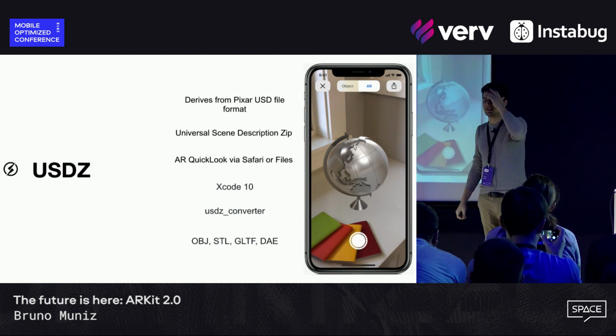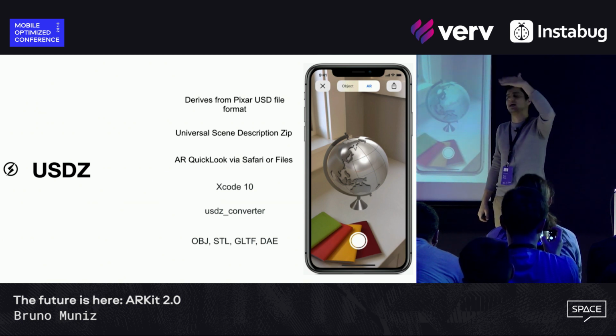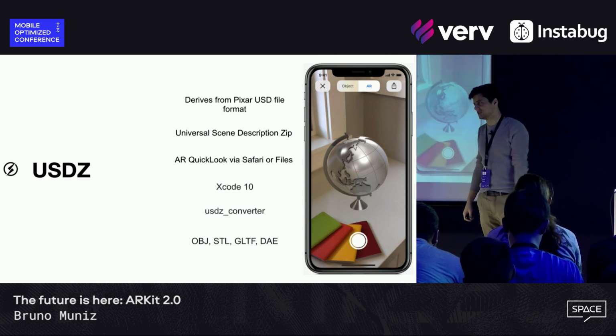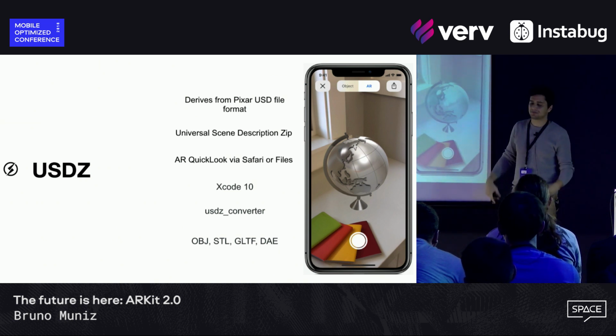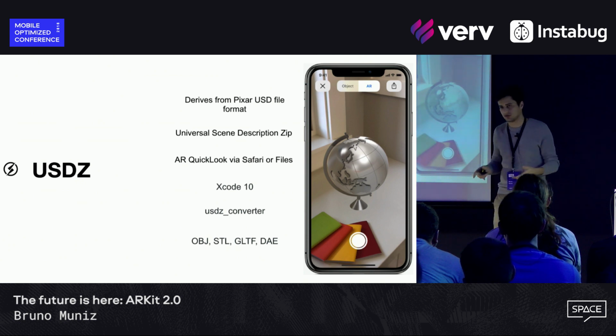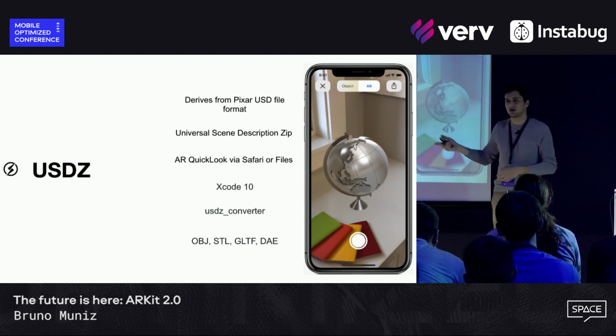USDZ is a new extension from Apple, because they had this extension already at Pixar, where it's called Universal Scene Description Zip. Basically it's a file type that you can share on Messenger, Files and every other app that you have natively on your iOS. You can also have something called AR Quick Look with it.